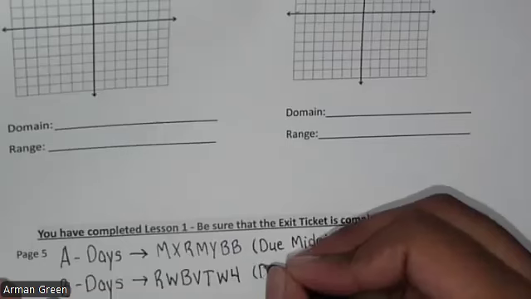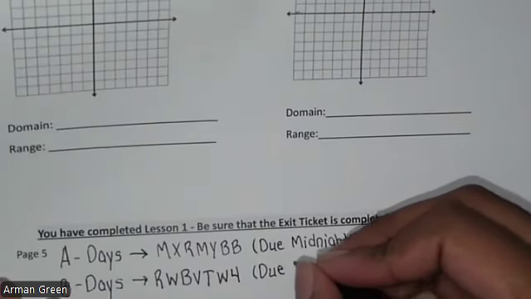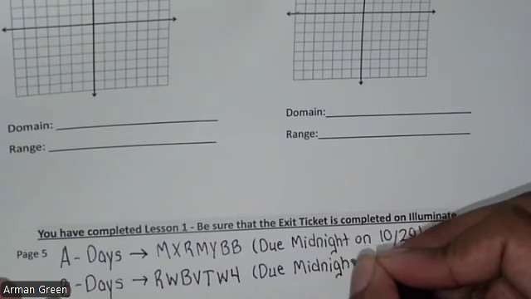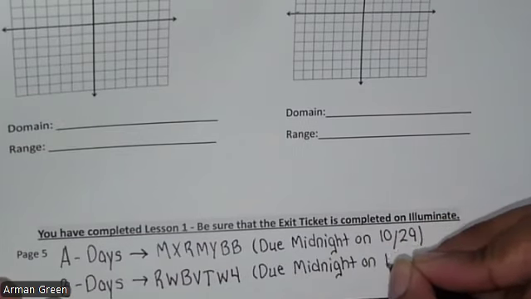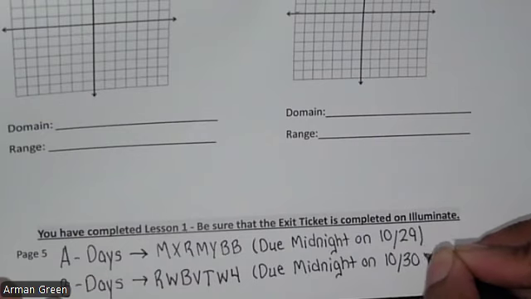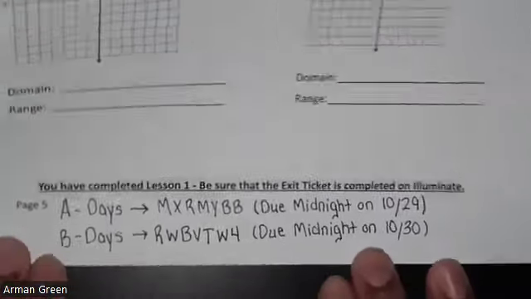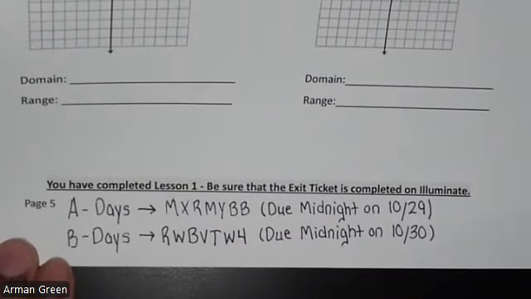And for my B day classes, your exit ticket is due at midnight on October 30th. So it's due Thursday at midnight. All right. So this is how you can access the exit ticket anytime you want. And my bad for my B days in case you didn't see that code. I have it here at the bottom now.